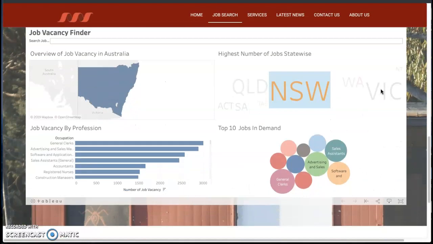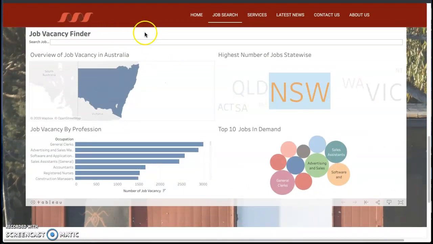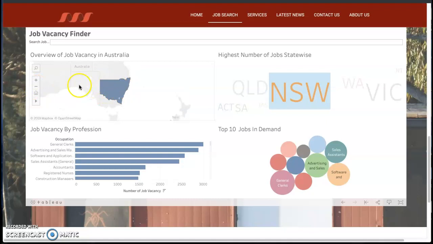Here we come to the graph, job vacancy finder. Okay, and it shows the number of job vacancies in New South Wales, the highest number of jobs statewide is in New South Wales also, and different types of job vacancy.